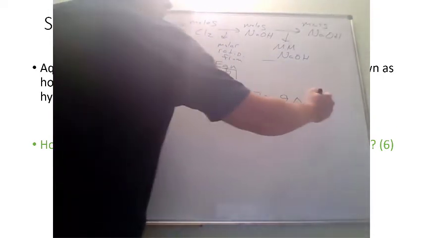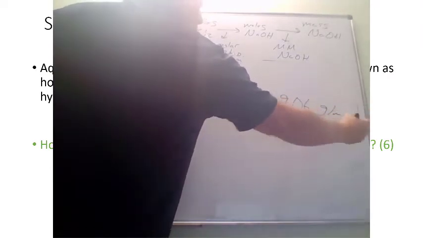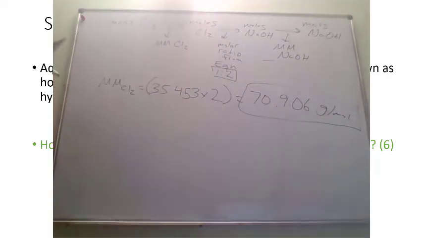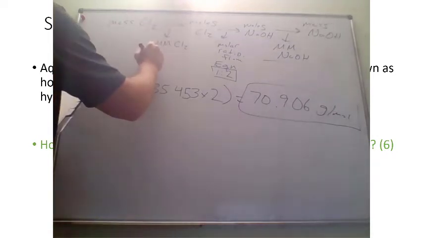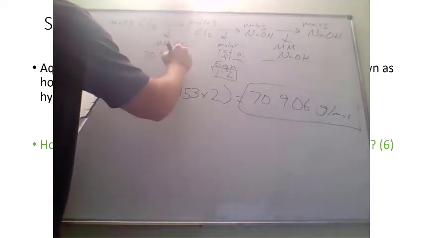And so here we need molar mass, so we're looking for grams per mole units. Okay, so we can write that up here, 70.906 grams per mole.